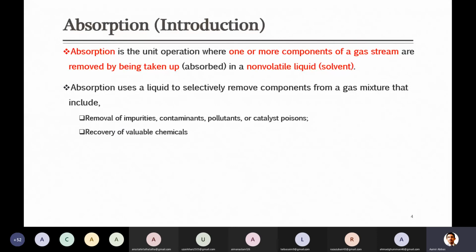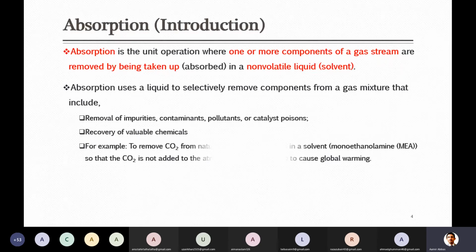The other purpose of absorption can sometimes be recovery of valuable chemicals. It is not necessary that we always remove contaminants or impurities with absorption. Sometimes you may be absorbing the things which are valuable, and all the other gas will not be useful for you.